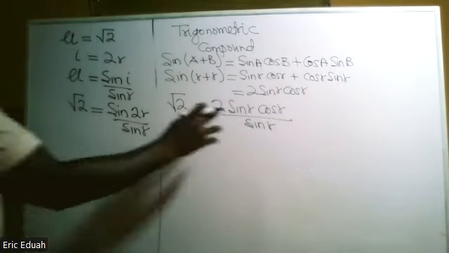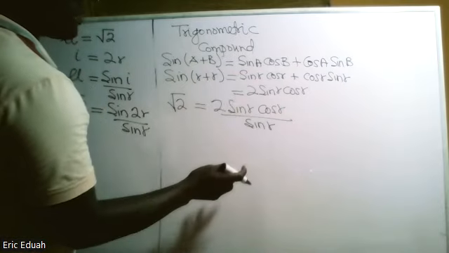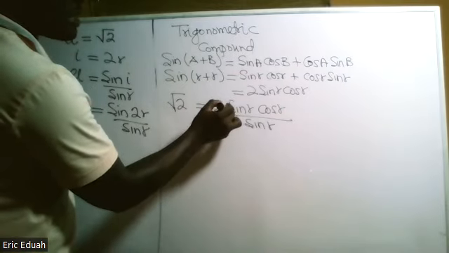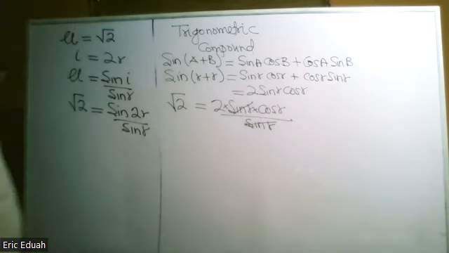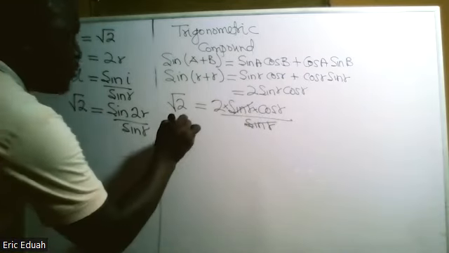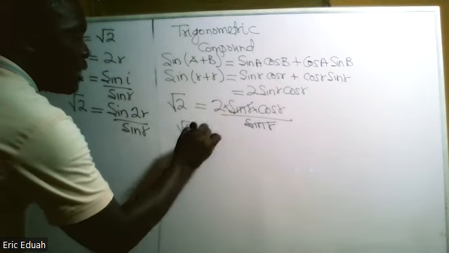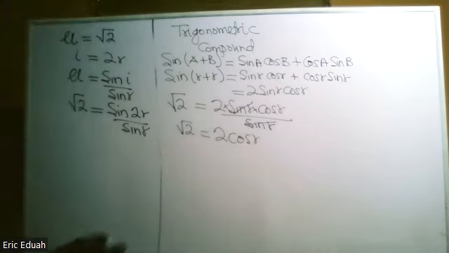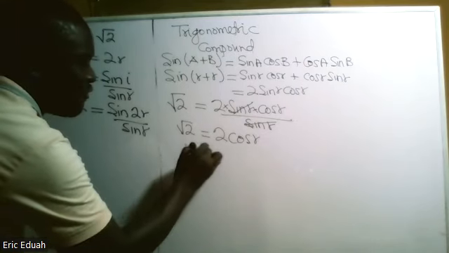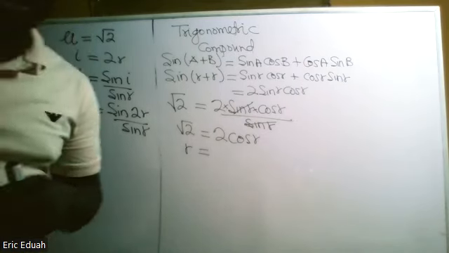Now sine r can cancel out because this is times, this is also times. So this can cancel this. So you have root of 2 is equal to 2 cos of r. Now you can find r.